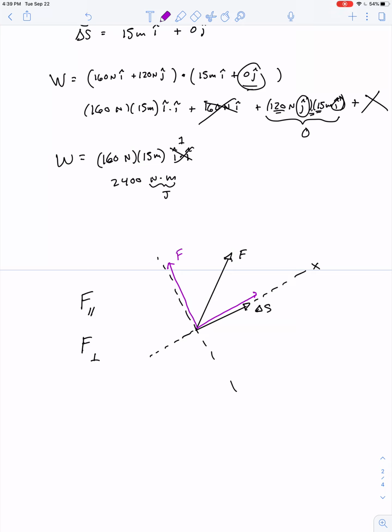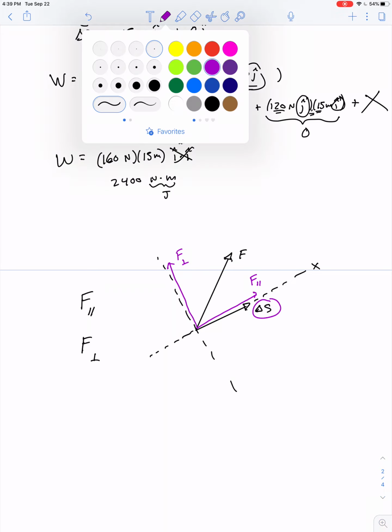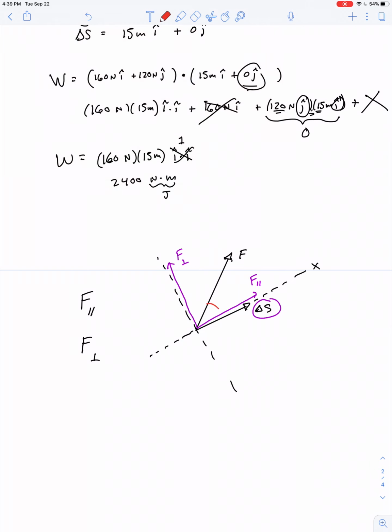This is the amount of force that lies perpendicular to the displacement, and this is the amount of force that lies parallel to the displacement. If we define an angle between the force vector and the displacement vector as theta, then the amount of force that lies perpendicular would always be F times sine theta, and the amount of force that lies parallel would always be F cosine theta.